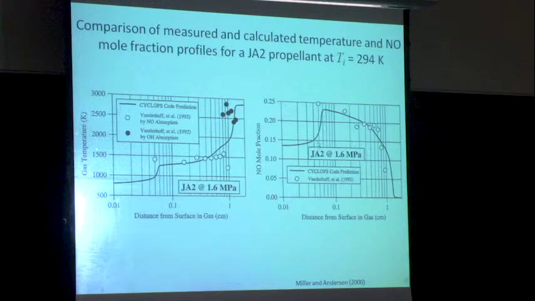If you look at the NO profile, you can see it's formed at the end of the first stage, and during the dark zone it's slowly consumed, and when I get into the second stage it's quickly consumed. And the model predicts, again, relatively well the experimental data. Okay, so this is very typical of nitrate esters.